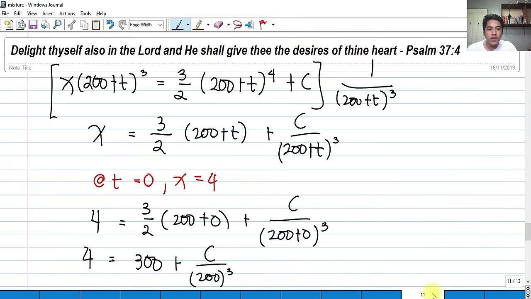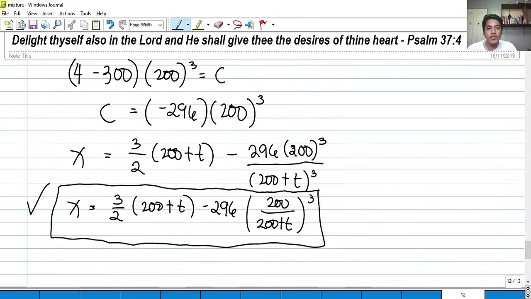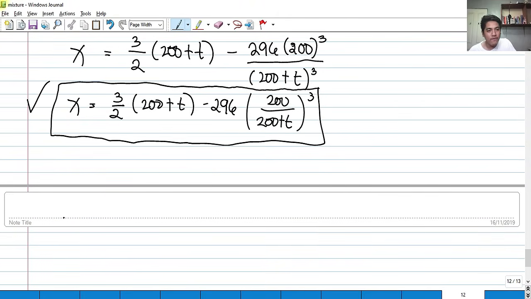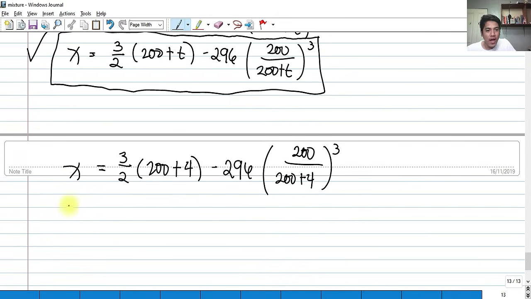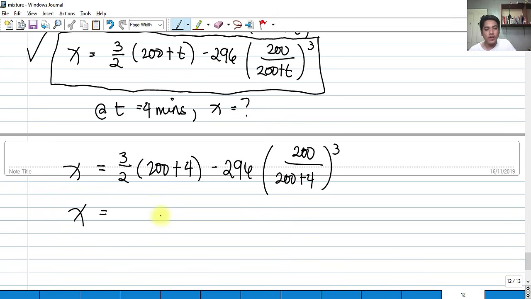So, simply, after 4 minutes, we're going to substitute the time, 4 minutes. x is equal to 3 halves (200 + 4) minus 296 multiplied by (200 over (200 + 4)) cubed.